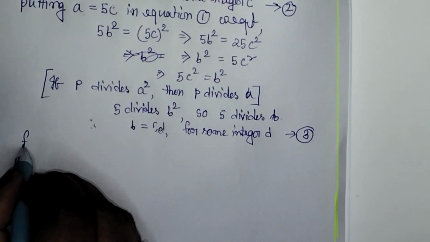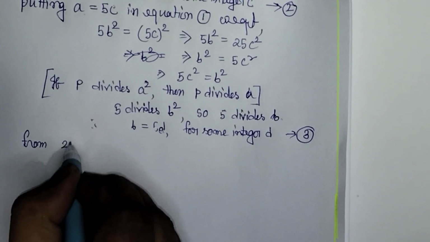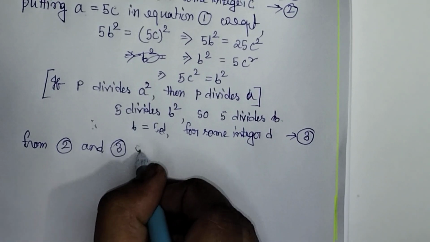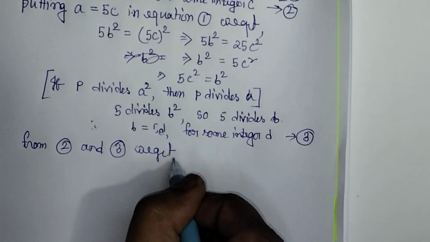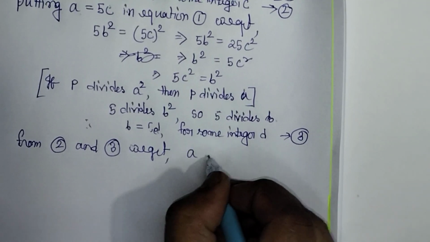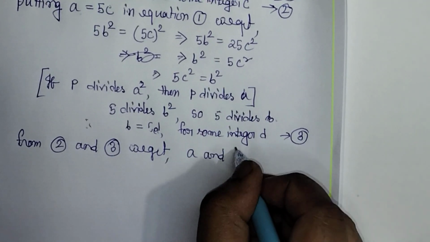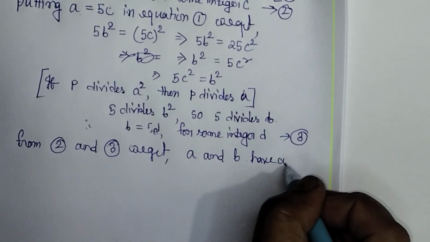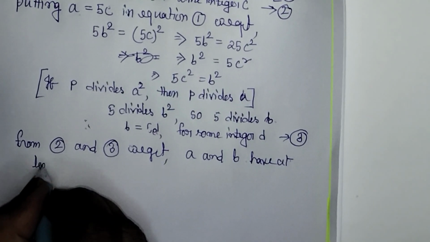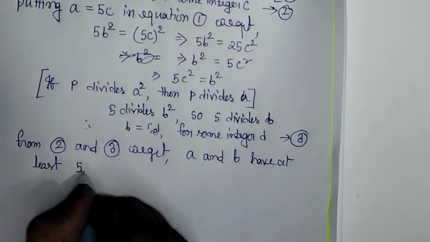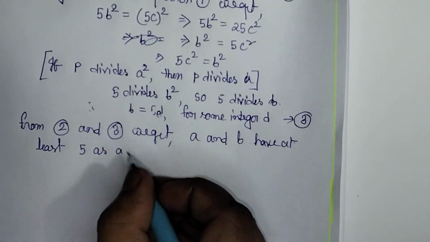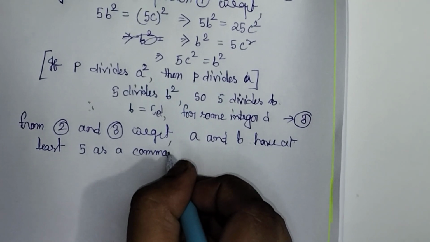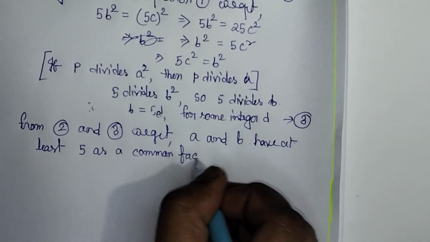From 2 and 3 we get A and B have at least 5 as a common factor.